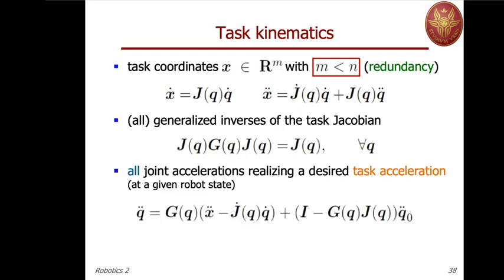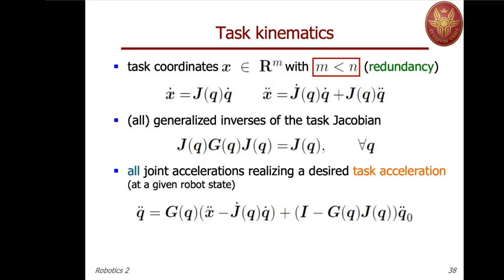Now, if you want to solve the acceleration relation in terms of q double dot and write all possible accelerations that realize the same desired x double dot in a given state q dot, this is the form that you get. If G is the pseudo-inverse, the first term would be the minimum norm solution in terms of norm of the acceleration, and then you have an additional acceleration projected in the null space.